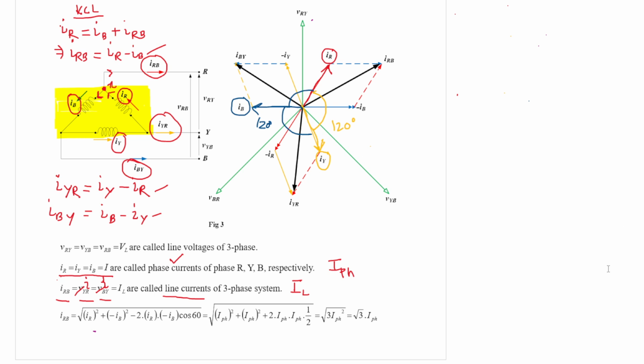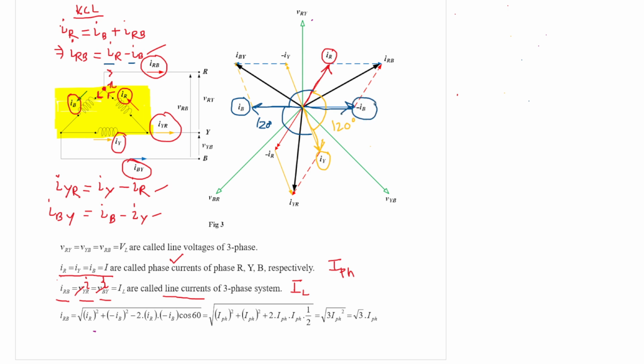Okay. So now from the first equation we can see that here it is IR minus IB. So just like we have seen in the phasor diagram in case of a star network, here IB should be negative. So IB, that means B phase should be negative. So this is the minus IB in this direction.